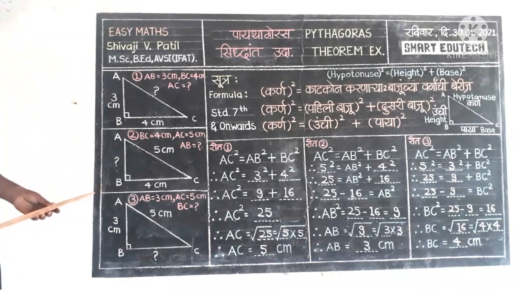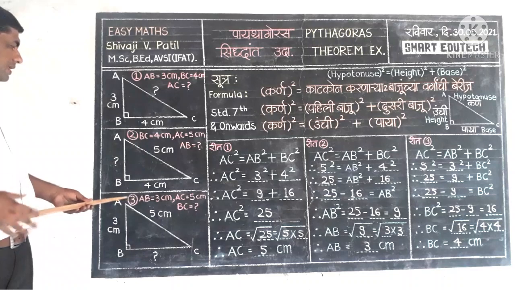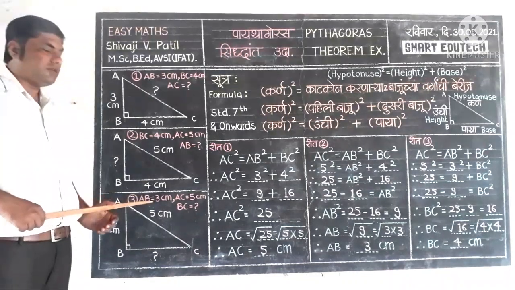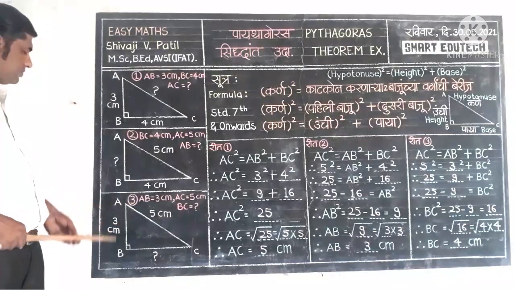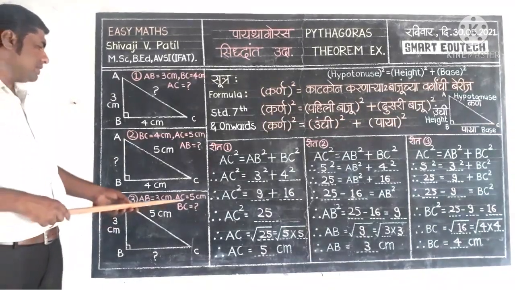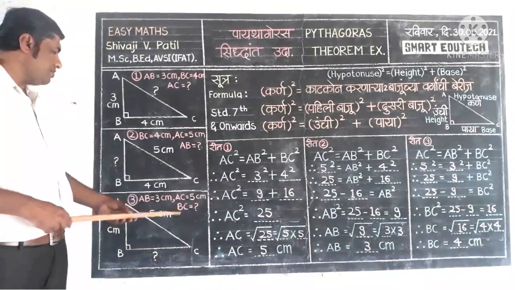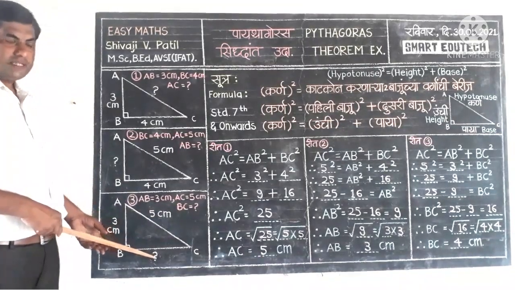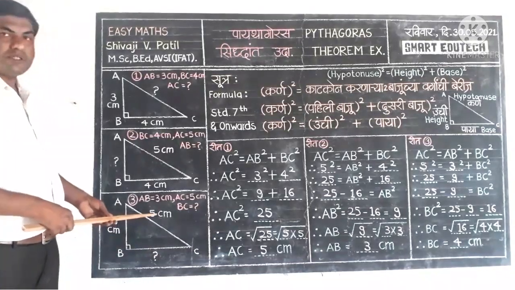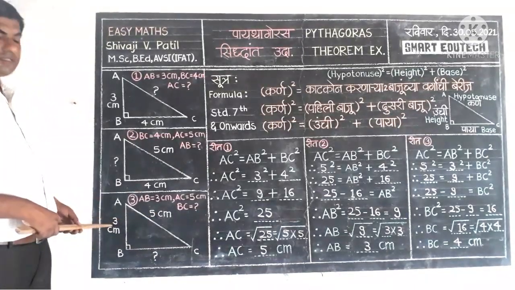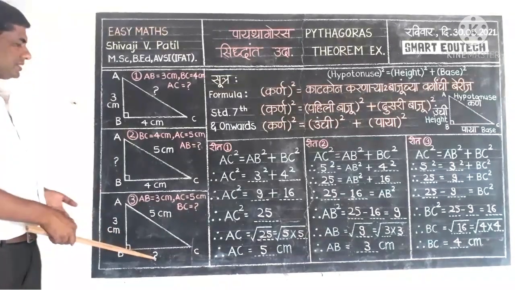Now we are going to study example number 3, which may be asked in the exam. In this example they have given the value of AB, that is 3 centimeter. So you can look here, the value of AB is 3 centimeter. The value of AC given is 5 centimeter, and the value of BC we have to find. In this third type of example, the value of hypotenuse and the value of height is given, and we have to find the value of base.